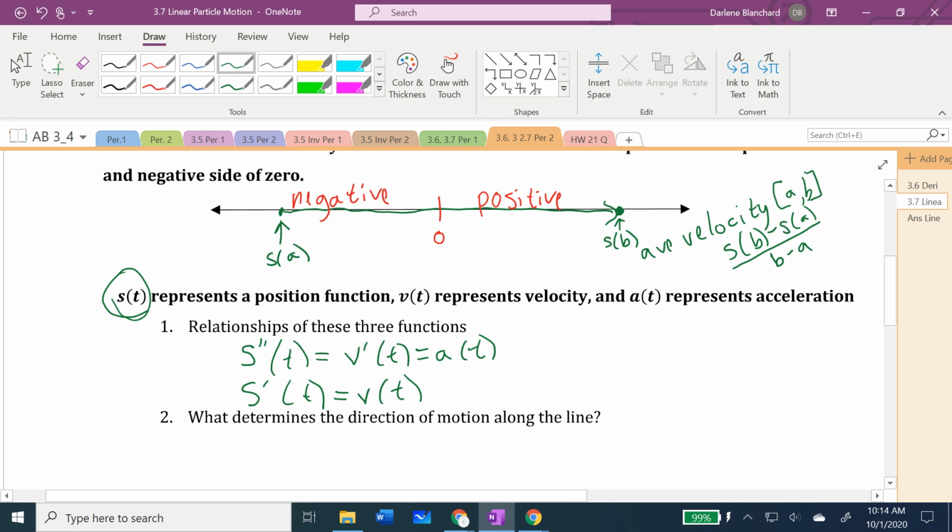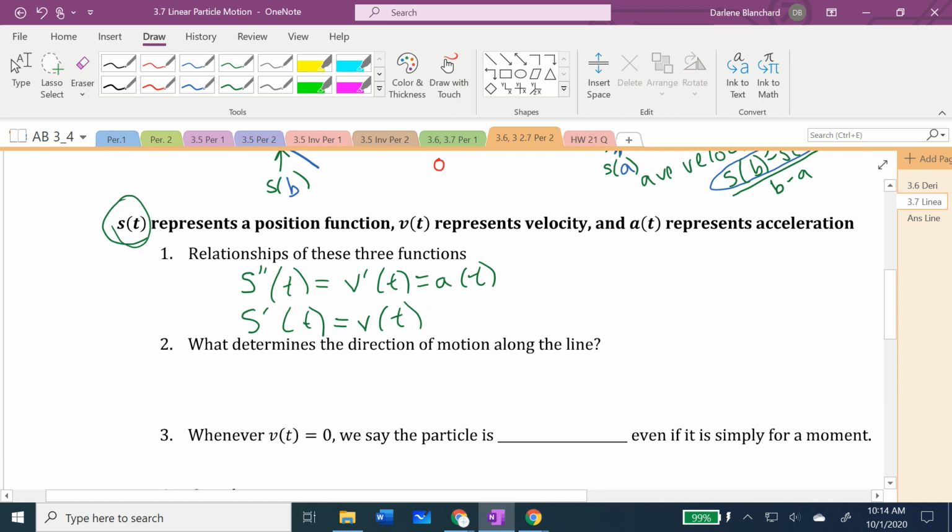However, if I was going to this direction instead, then this would be maybe my position at time A and my position at time B. In that case, do you see that the change in position is actually coming out negative? And so that comes down to velocity being positive or negative.